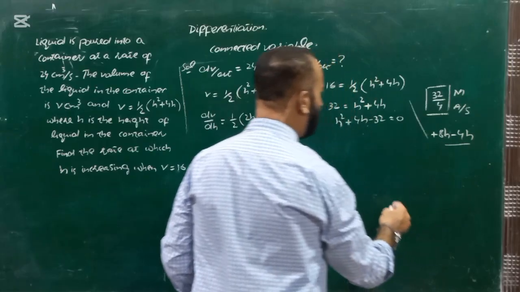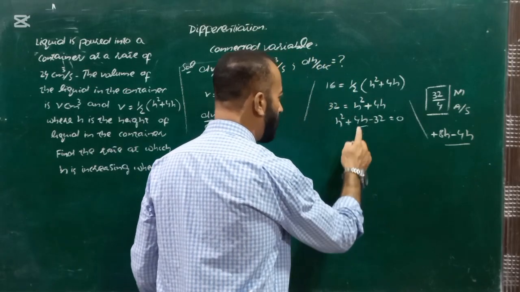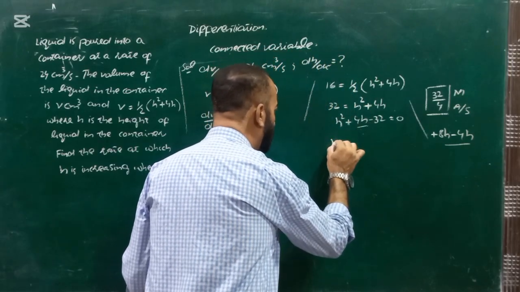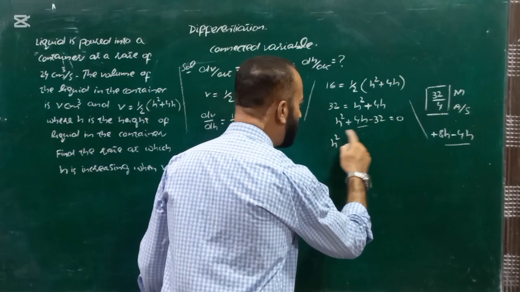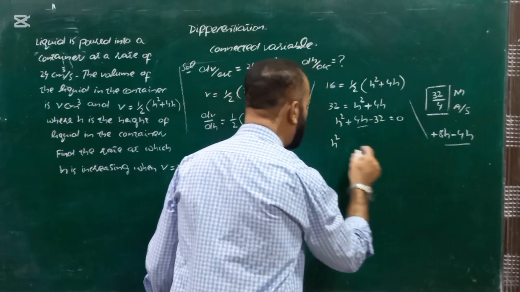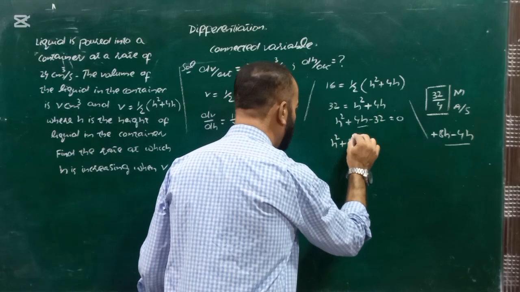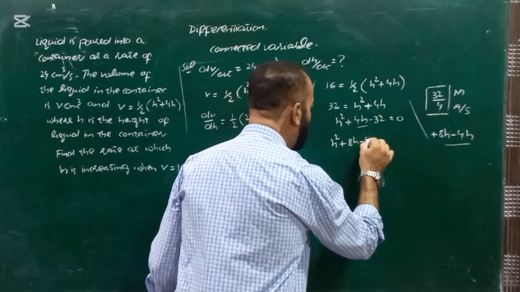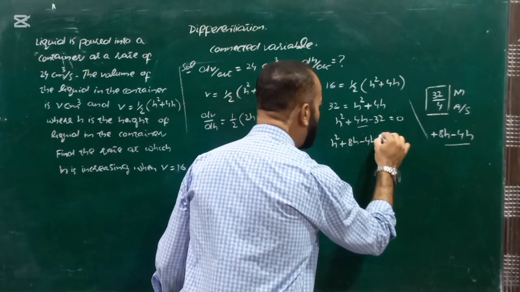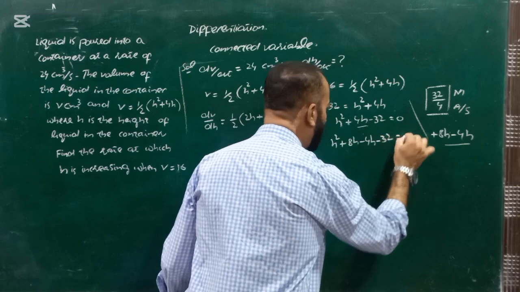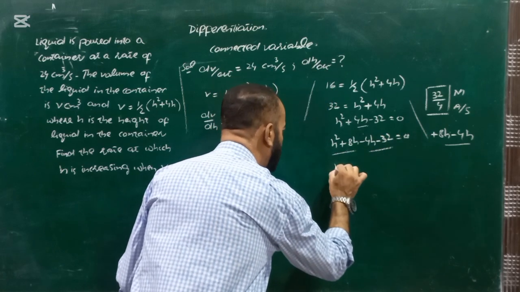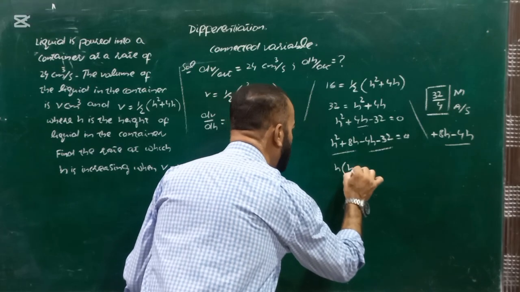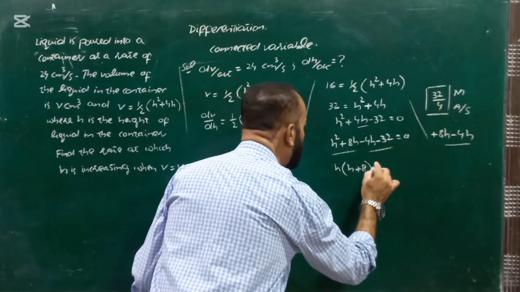Now put these factors in the place of the central variable. So the step will become now H square plus 8H minus 4H minus 32 equal to 0. At this step, make pairs and take common. In the first pair, H will be common, H plus 8 inside the bracket.